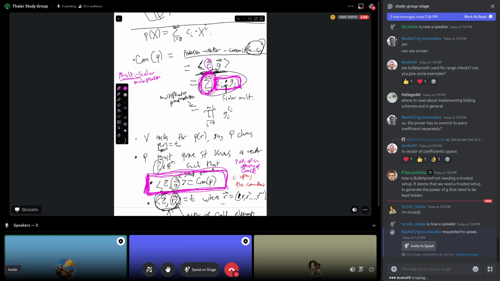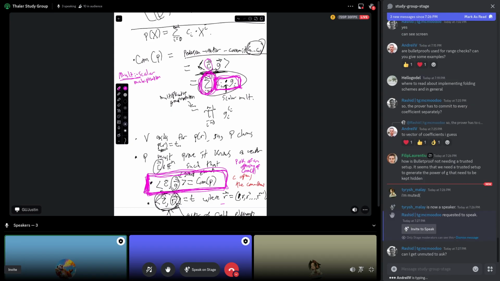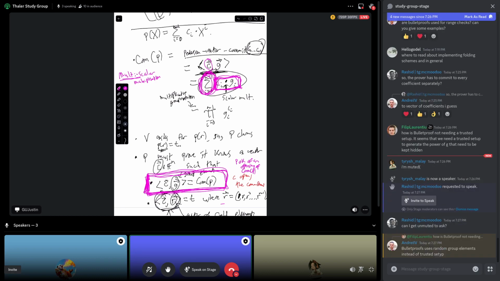Definitely. And we had another question: how does Bulletproofs not need a trusted setup? Great. In Bulletproofs, this G is the commitment key. It's just random group elements.